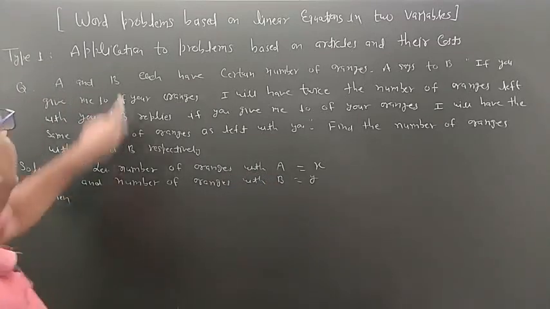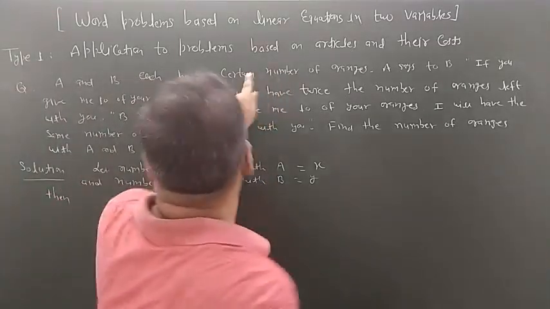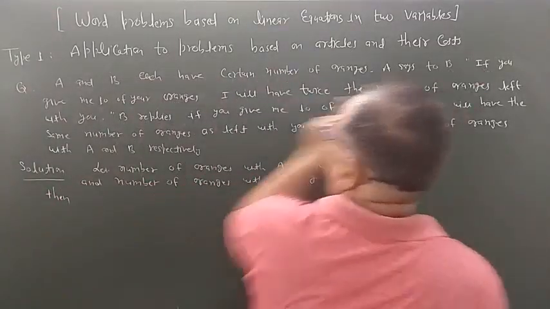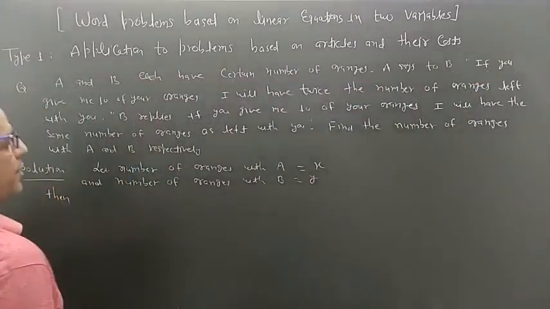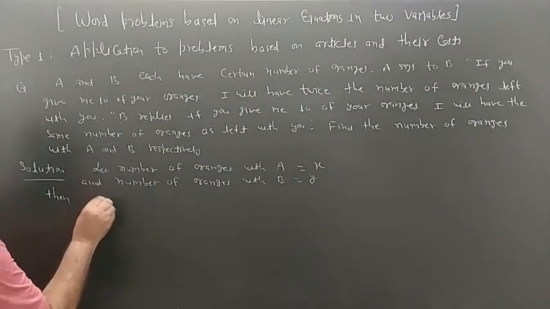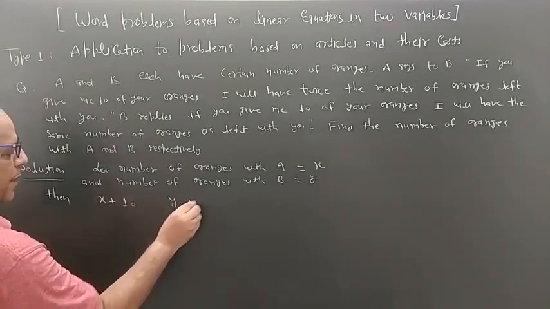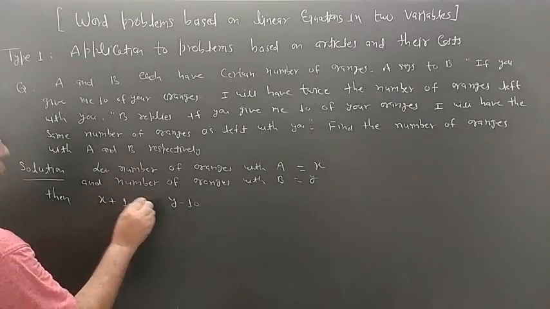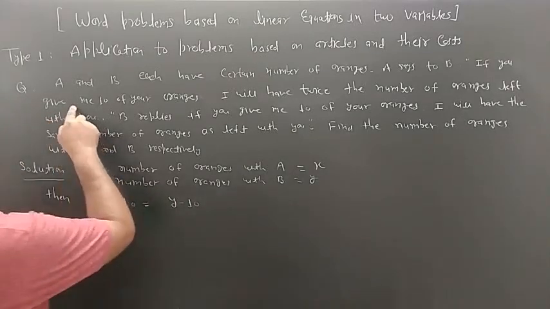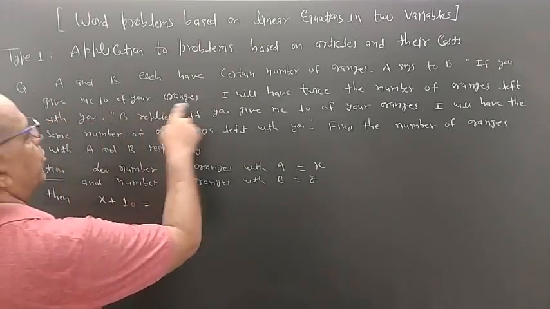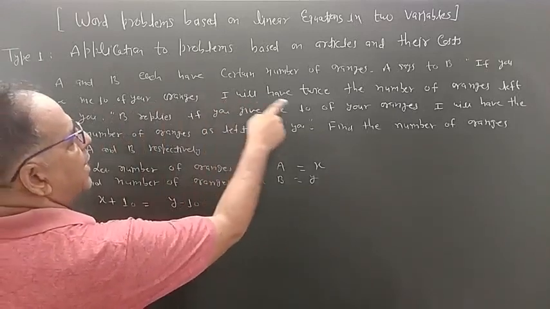Then A says to B, if you give me 10 of your oranges, that means X becomes X plus 10, Y becomes Y minus 10, and according to the question, I will have twice.